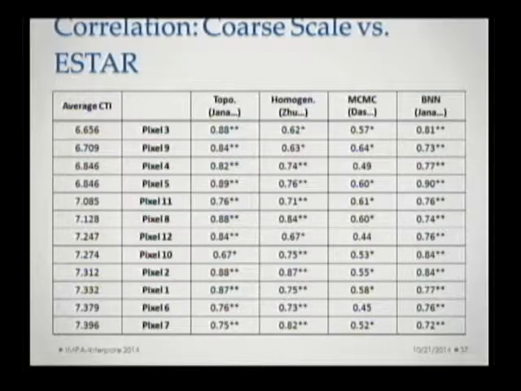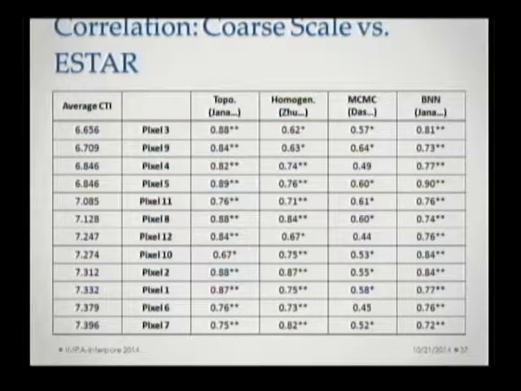So, okay, this works pretty well, but how does it compare with some other upscaling methods? Our group at Texas A&M had been working on scaling of soil moisture for some time now, and we had a few different methods in-house. So we just thought we'd compare it with those and see how they do.